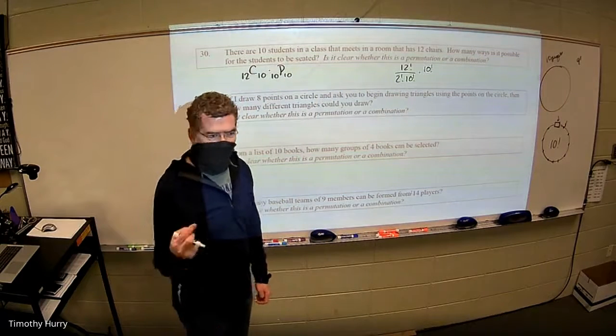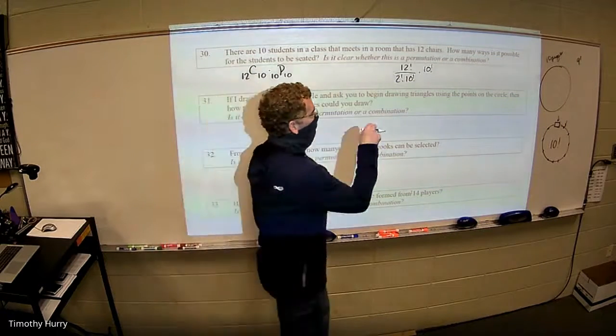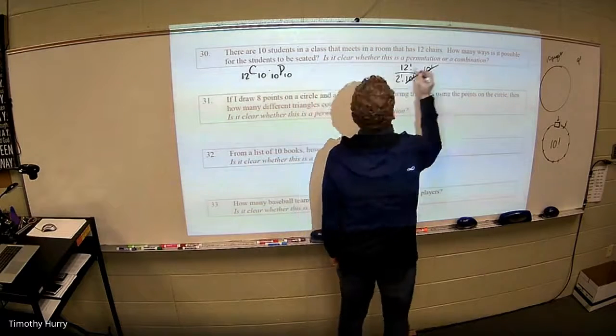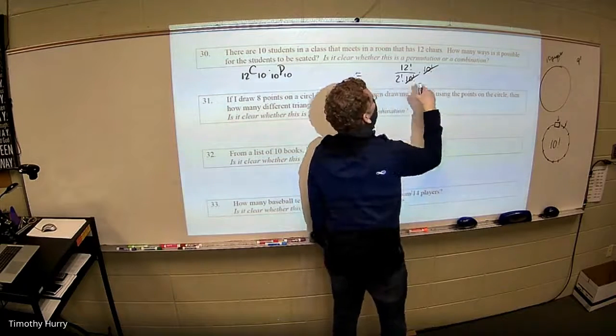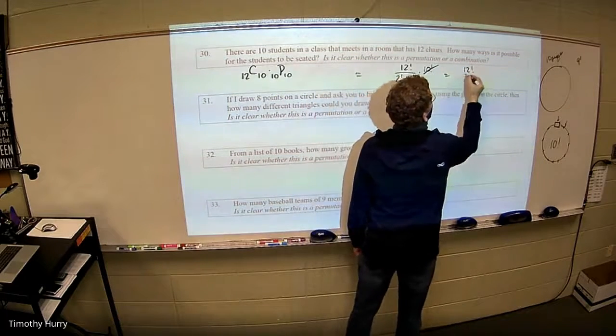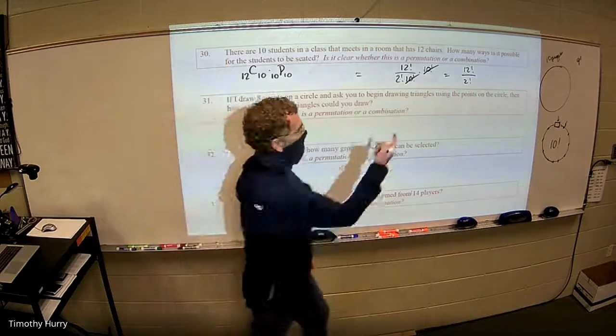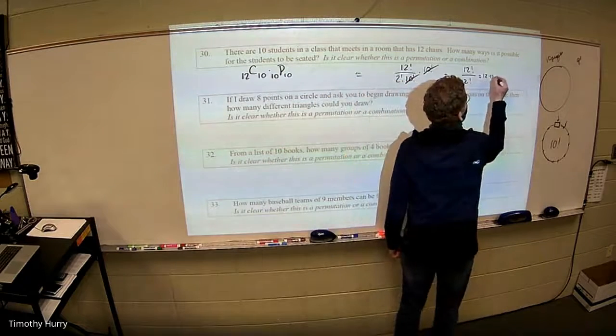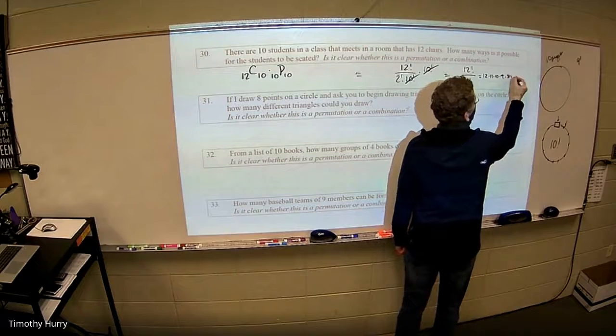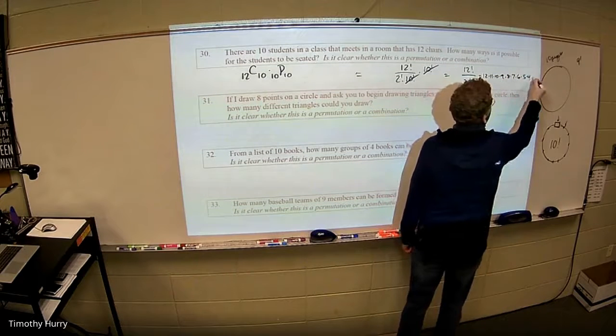Now, here's the curveball. What does this leave me with? So that is this, but this is 12 factorial over 2 factorial, which is really what? 12, 11, 10, 9, 8, 7, 6, 5, 4, 3.